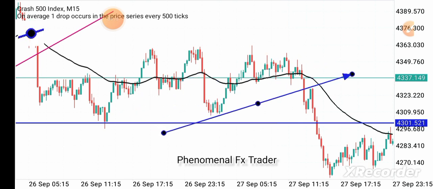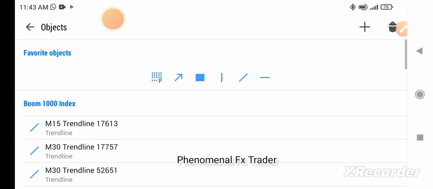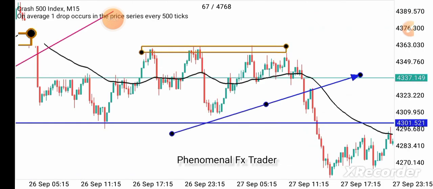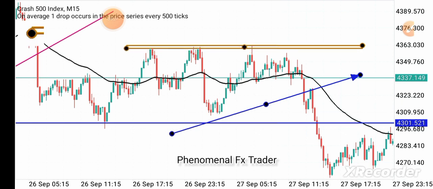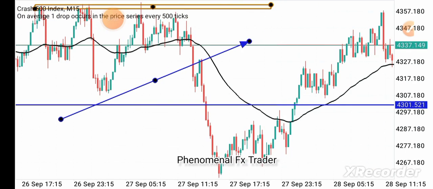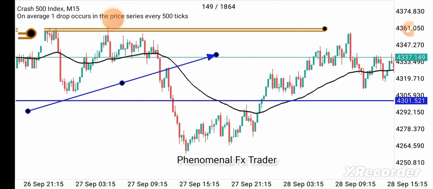Because of that, I would want to put my rectangle tool. I'll just put it around here so that I wait for when price gets back there again, as usual. So put it right here, then you extend it.